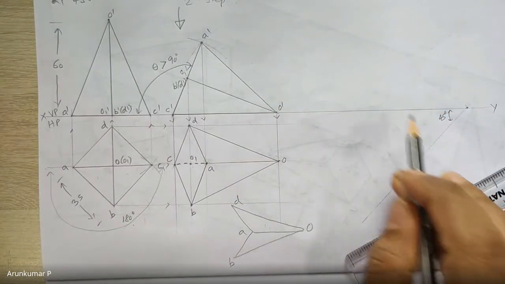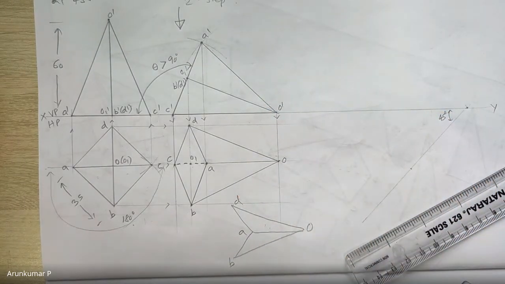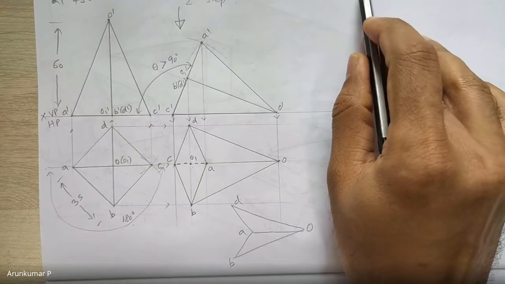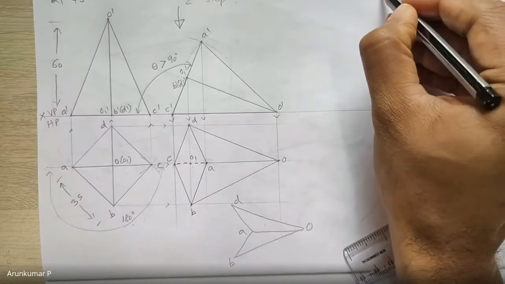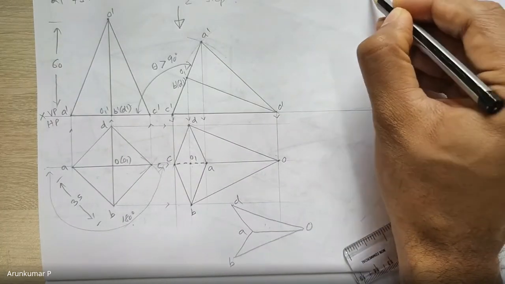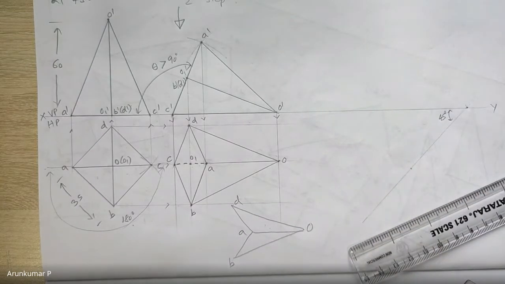Now, you have to tell me whether this is a true inclination or apparent inclination. The axis is inclined to VP at 45 degrees. The axis doesn't appear to be inclined. The top view of the axis is not inclined. The axis is inclined. So 45 degrees. What is it? Is it a true inclination or apparent? True inclination.